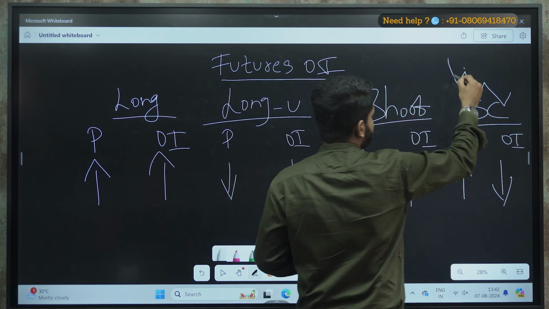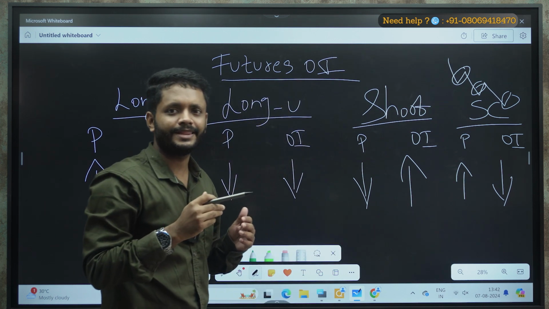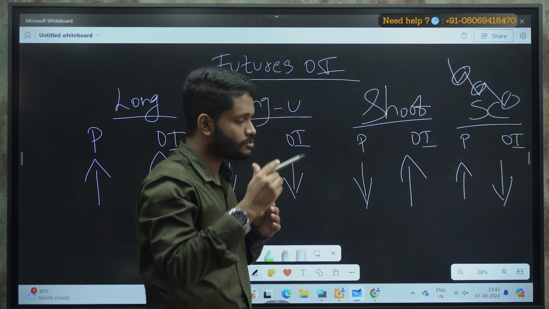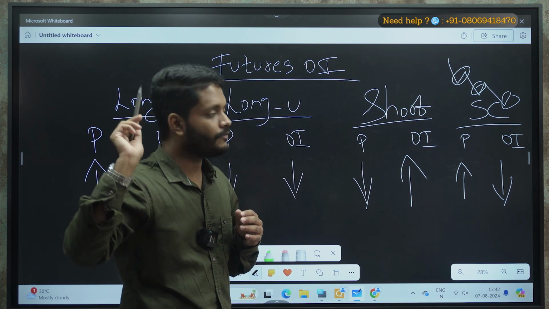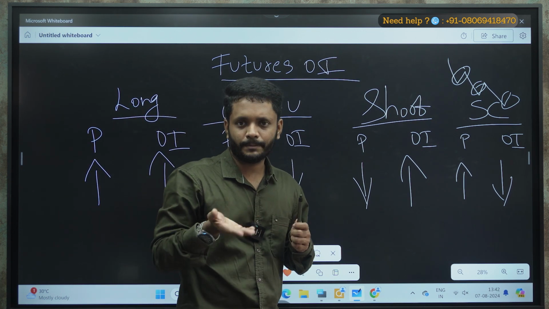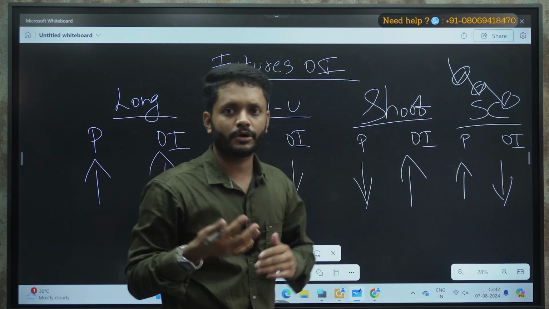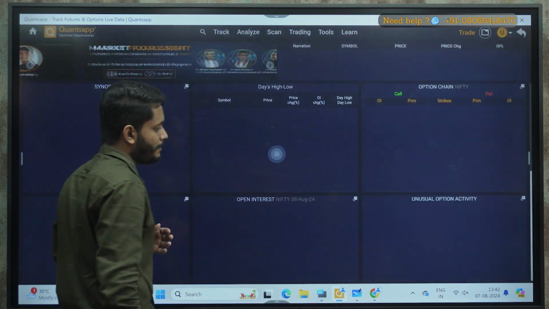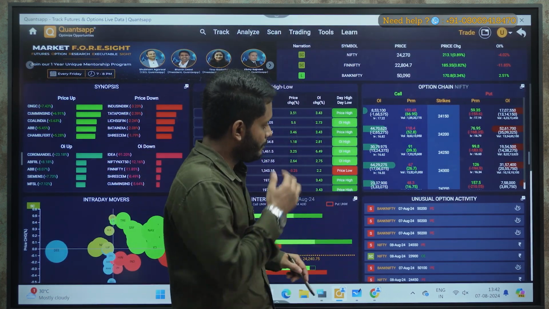In this process people short, and whenever they feel they have made sufficient money, they usually square off their position, so the price will go up. Again they will short, and again it will go up when they cover their position. So short covering is when the price slightly goes up and open interest drops down because the short contracts are being closed, correct?